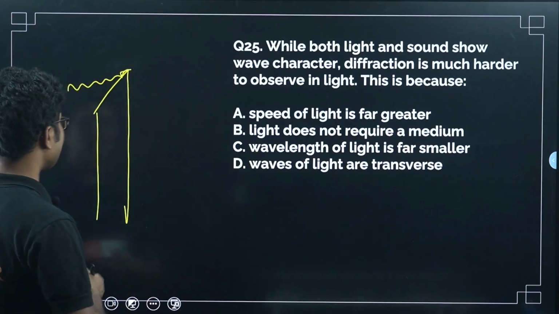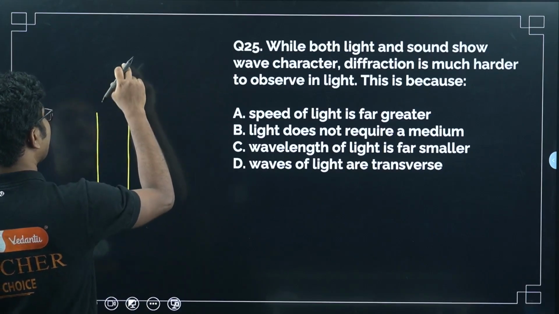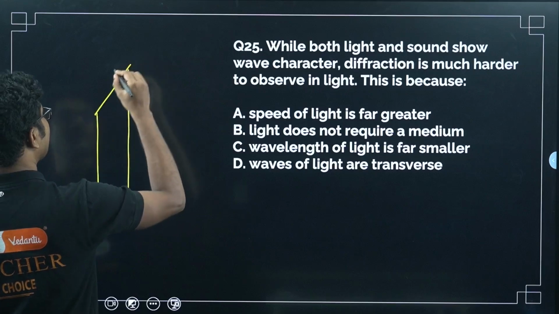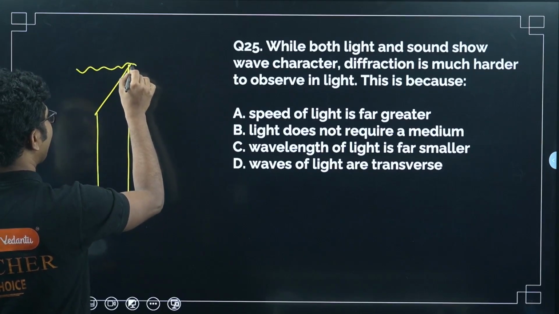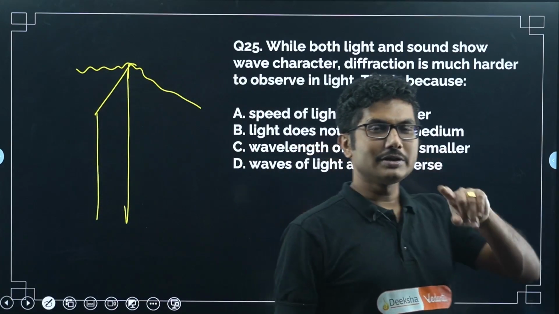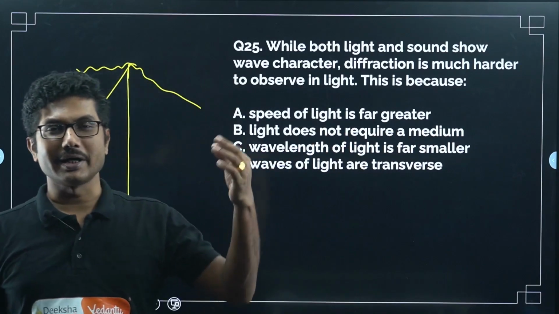To observe diffraction, this sharpness should be of the order of the wavelength. It should be very sharp, so that when the rays of light fall on it, they diffract. Because the wavelength of light is very small, it is very difficult to get such sharp objects in our day-to-day life.